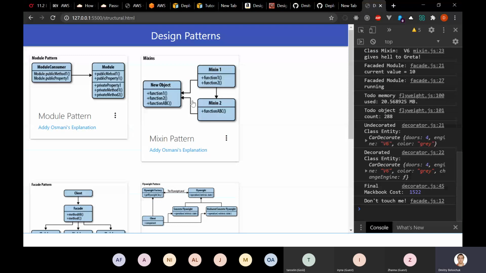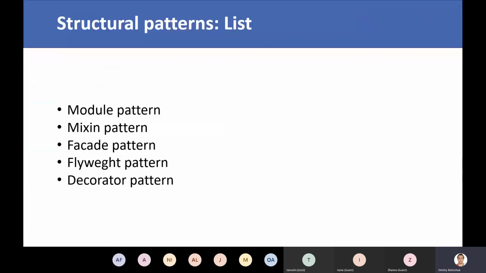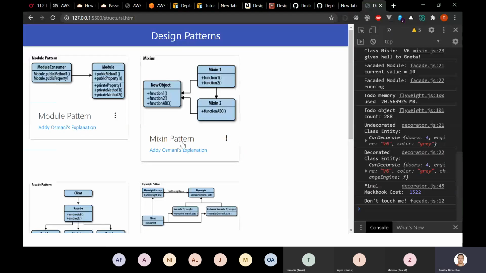Okay, so the next one is the mixin pattern. The mixin pattern, as I mentioned already, is the situation when we need to have a new entity or object that has some of the methods from an already created object from one place and then some methods from another place.